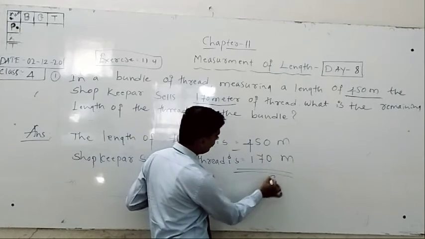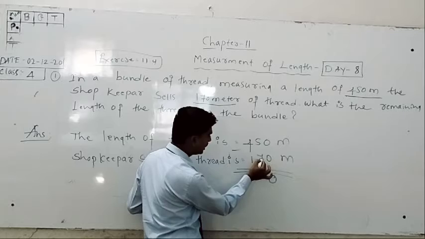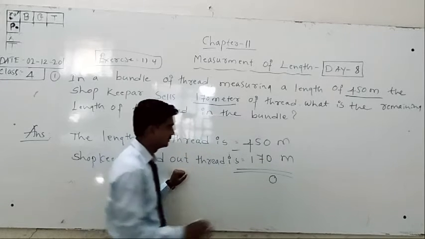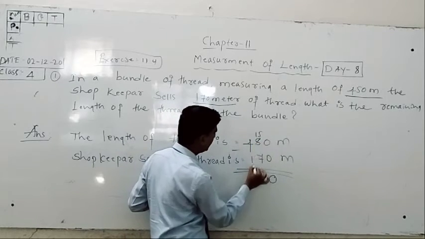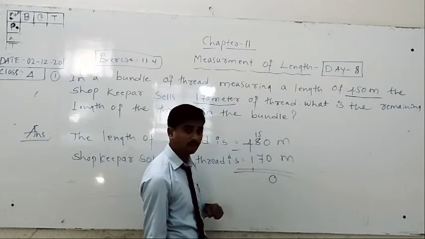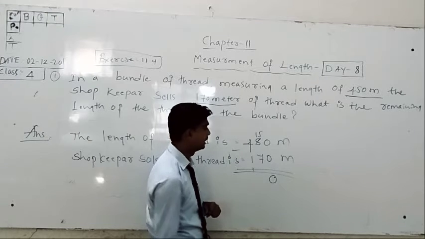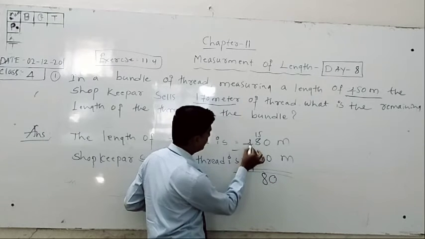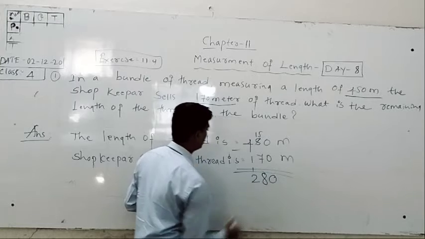0 minus 0, 0. 5 cannot subtract 7. Then it is 15. 15 minus 7, it is 8. Then 4 minus 2, it is 2.